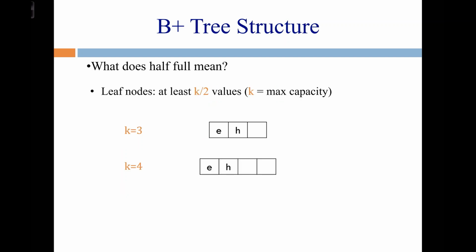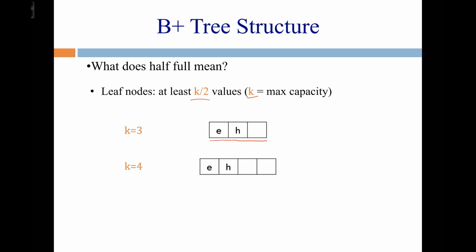Leaf nodes don't have pointers. They are just storing values. So it's just based on the maximum number of values that the leaf node can hold. So if k is the maximum capacity of the node in terms of number of values, then we need at least k/2 values. So in this leaf node, since k is 3, which is an odd number, we need 2/3.